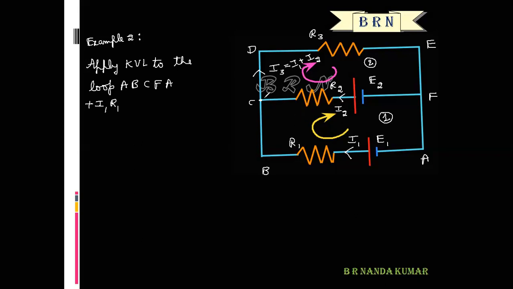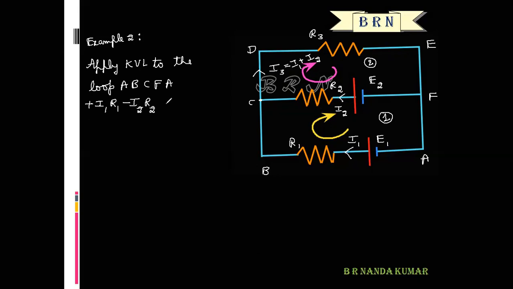So from B to C, there is no resistance. From C to F, the resistance is R2, current is I2. The indication is clockwise, the current flowing is anti-clockwise, which means the product of current and resistance should be taken as negative, minus I2 R2.